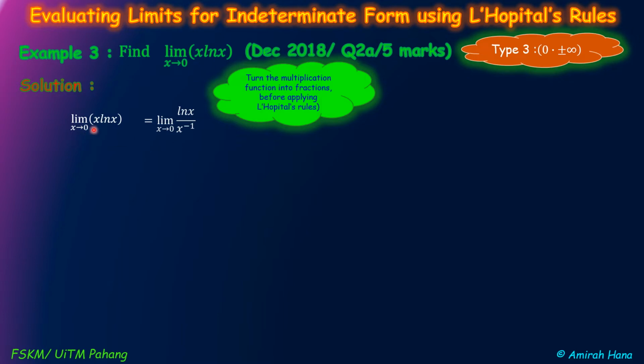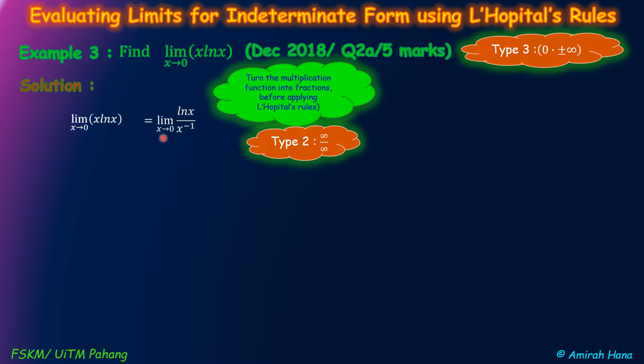When we move x to the denominator, we have x to the power of -1 under properties of indices. So now we have ln x over x to the power of -1. From here, we try to use direct substitution.